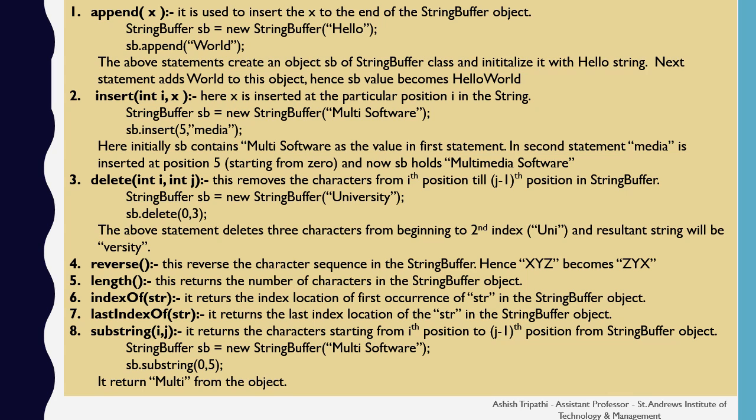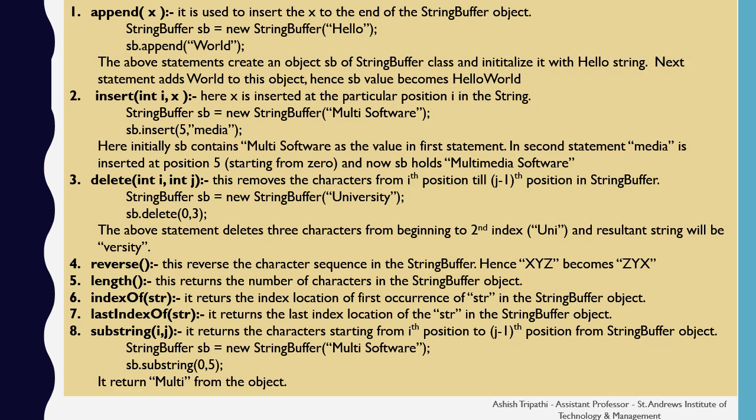So we have again created an sb which contains "multi software" as the value in the first statement. In the second statement, "media" is inserted at the fifth position starting from 0, and now sb holds "multimedia software" as its value.